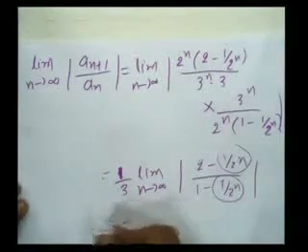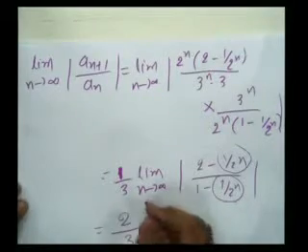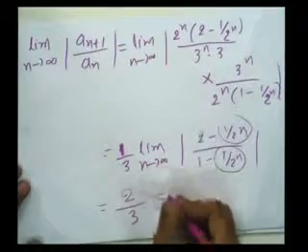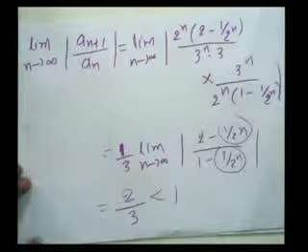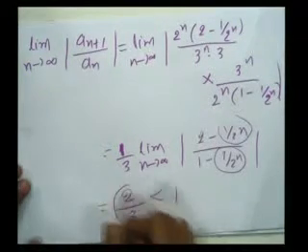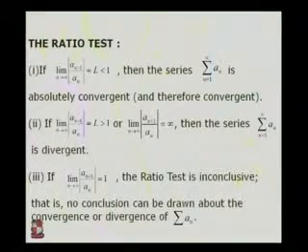So after all the answer is 2/3, and 2/3 is strictly less than 1. So by D'Alembert's test, this is our L, and in condition number 1, if L is less than 1 then the series is convergent.